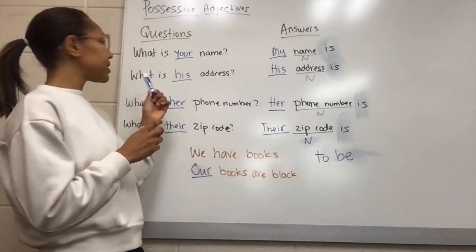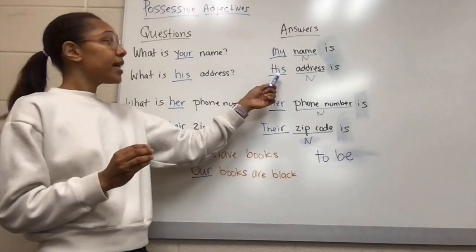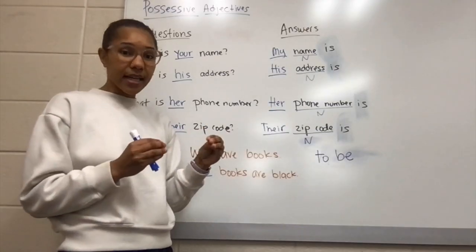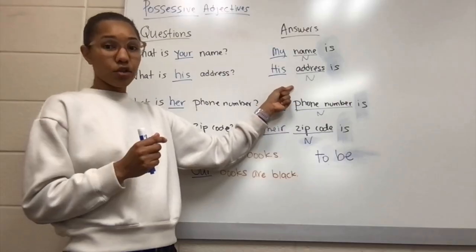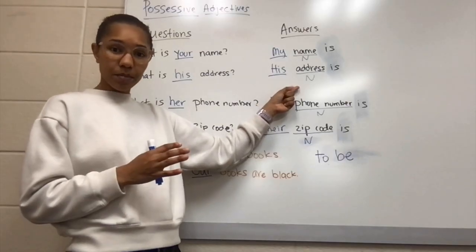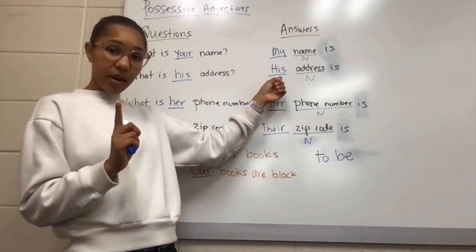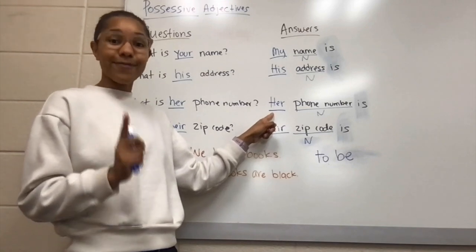The same thing if I say, what is his address? When I answer this, his address is something. Because now I'm saying this address is his. It belongs to this person who is a male. So his we use when we're talking about a male, and her we use when we're talking about a female.